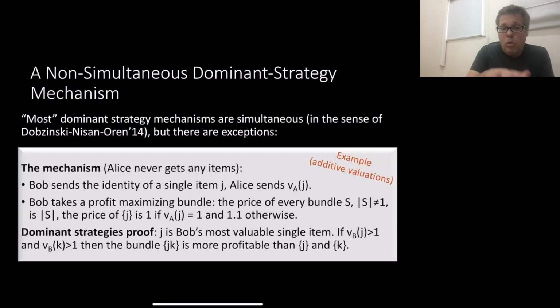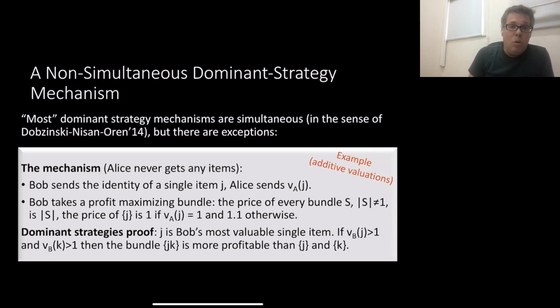The mechanism works as follows. Alice is never going to get any item, so anything that she does is dominant strategy. We're not going to worry about the dominant strategy of Alice. We're just going to analyze the dominant strategy of Bob.